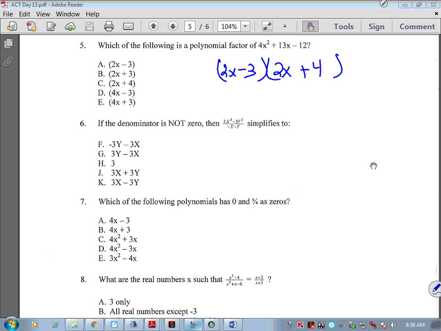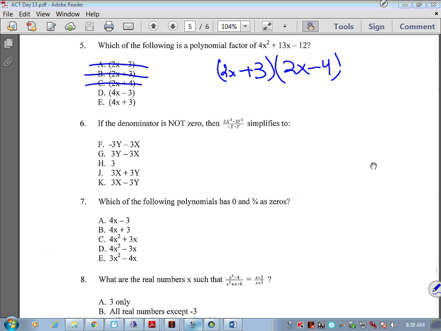So I can get rid of both this and this. Okay? Let's say it was 2x plus 3, right? Then it would have to be 2x minus 4? All right, well, let's see if that works. That's going to give me the 4x squared, but it's going to give me positive 6x and negative 8x. Right, is that going to add up to 13? No, so that's not going to work either. Okay, do you see how we can rifle through these pretty quickly?